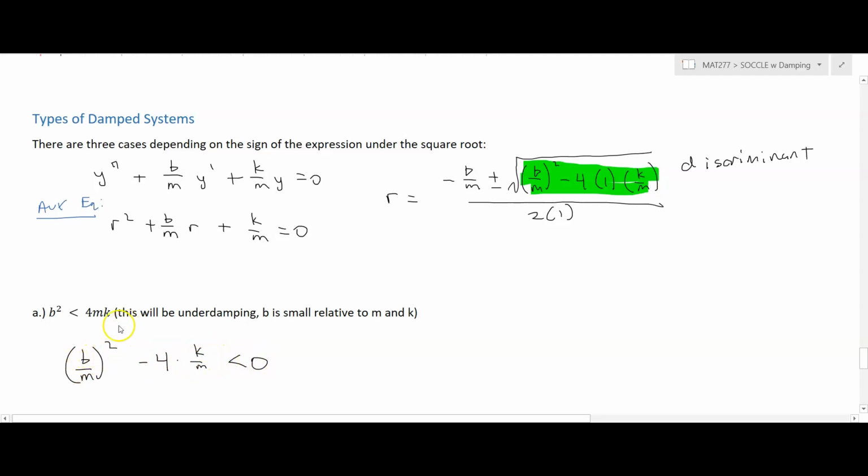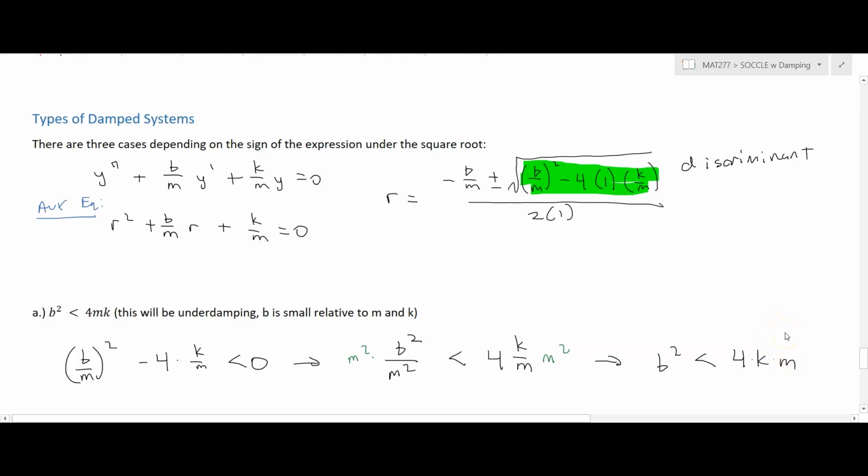Well, in terms of the b value, if I do a little bit of algebra on this, I see that this is b squared over m squared, which is less than positive 4k over m. Adding things to both sides of an inequality still maintains its truthfulness. If I multiply both sides by mass squared, that's a positive number, so that's not going to change the sign of our inequality. The masses will cancel out here, and that will lead me to b squared has to be less than 4 times k times m.